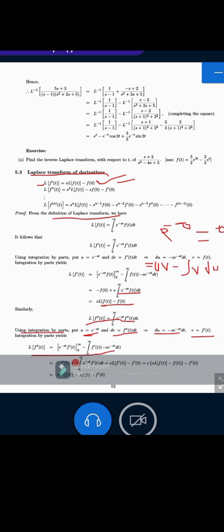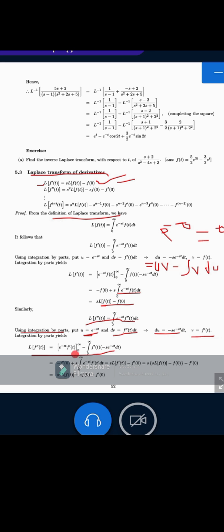Then we'll have, in brackets, exponential minus st f prime of t from 0 up to infinity, minus the integral from 0 up to infinity. We have v, this is our v, and then this is our du.